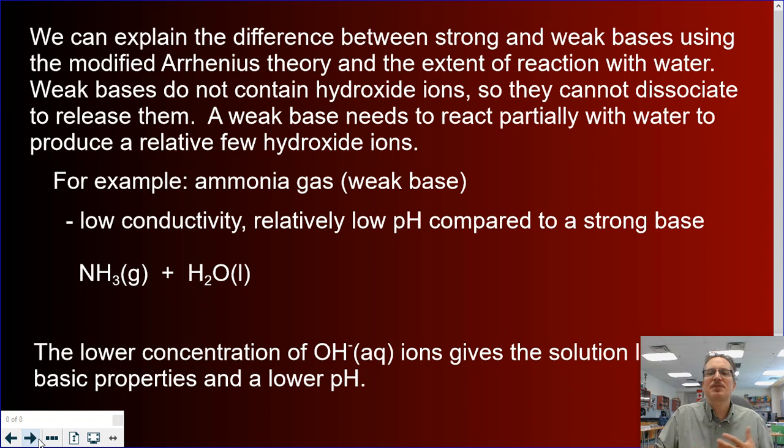Instead, they have to react or collide with water in order to produce a few number of hydroxide ions to get those base qualities. So something like ammonia gas, NH3, is a weak base. It's got low conductivity, still will conduct, it just will conduct less. And it's got a relatively low pH compared to a strong base. So the pH will be closer to 7 rather than closer to 14.